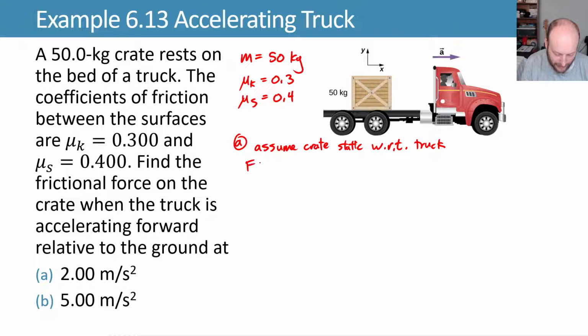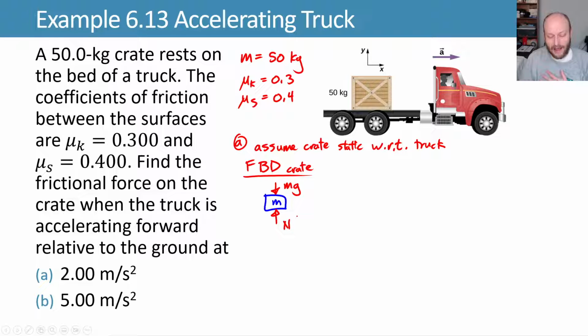We'll do a free body diagram of the crate. So we'll start by drawing the crate. Here's my crate, has a mass, and then we'll have its weight acting down, mg. We'll have some normal force acting up. And then as the truck accelerates, if the crate were to slide, it would be moving relative to the truck that way.